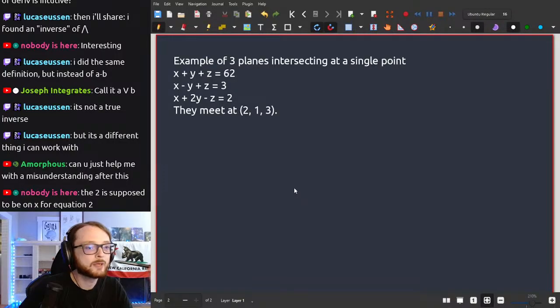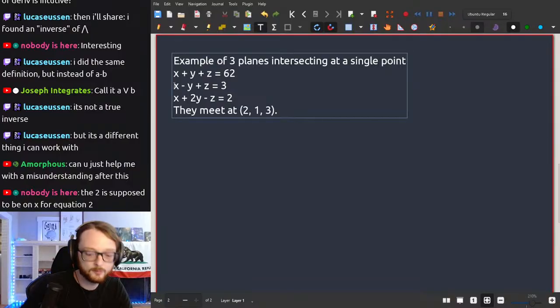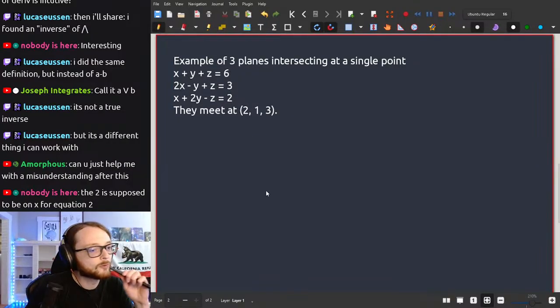Two is supposed to be on the x. In equation 2. Oh, I see. Okay. That makes it a lot. Yeah, that 62 was kind of random, wasn't it?